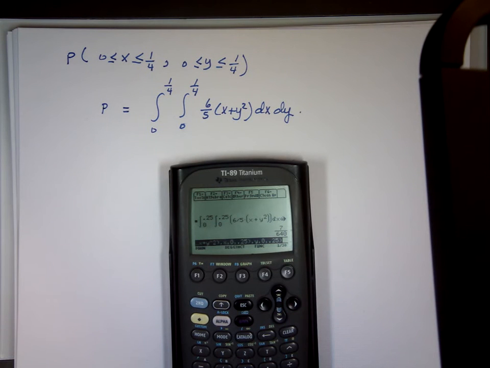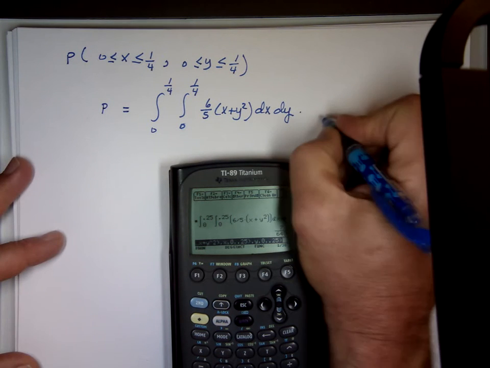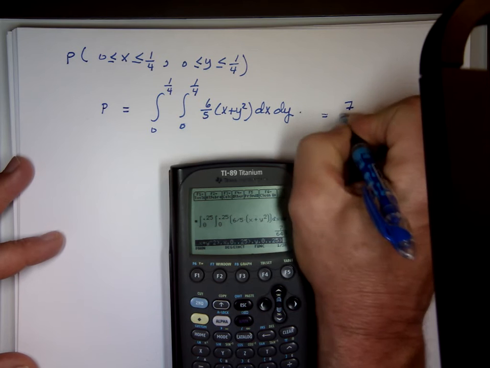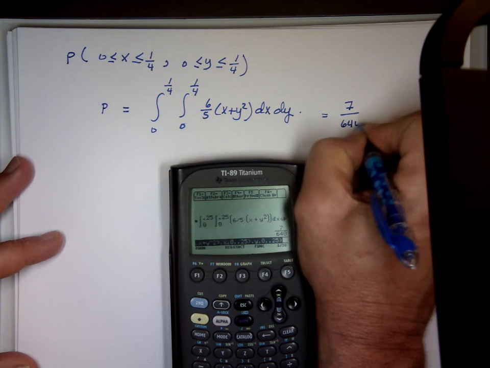Is that the right integral? 0 to 0.25, 0 to 0.25, 6 over 5, x plus y squared dx dy is 7 over 640. So it's equal to 7 over 640 if you want it as a decimal value.